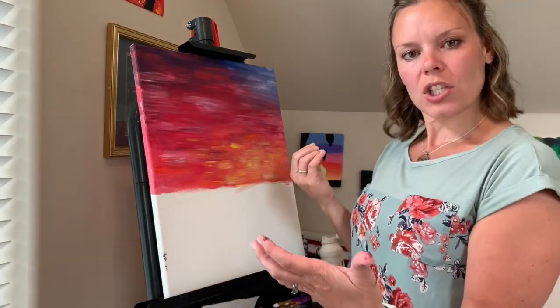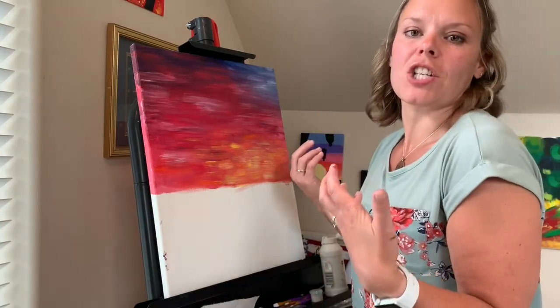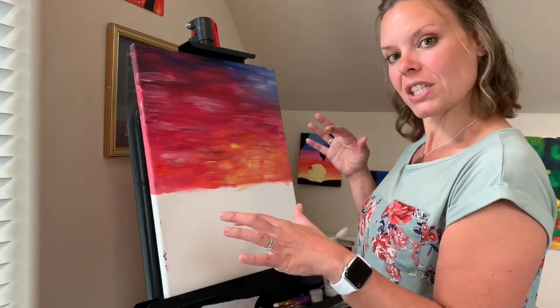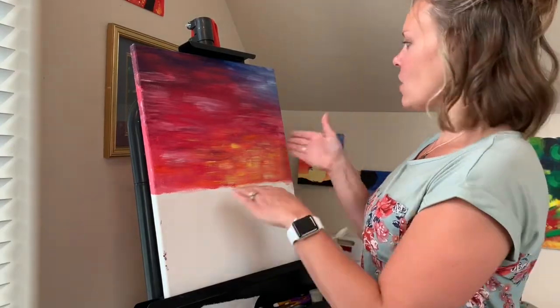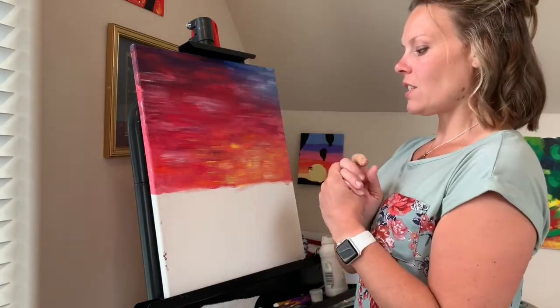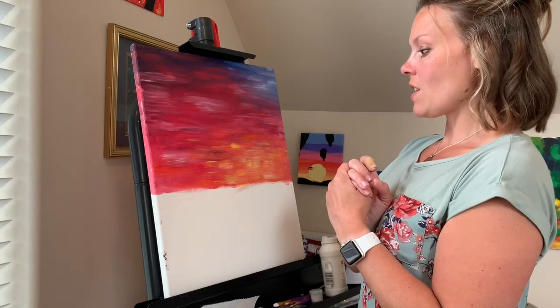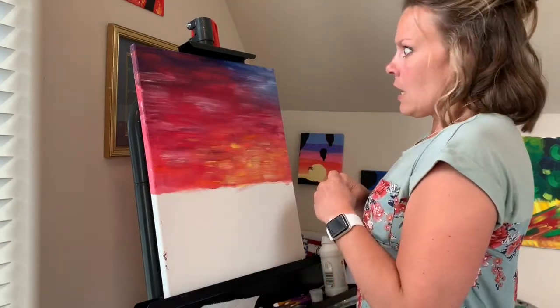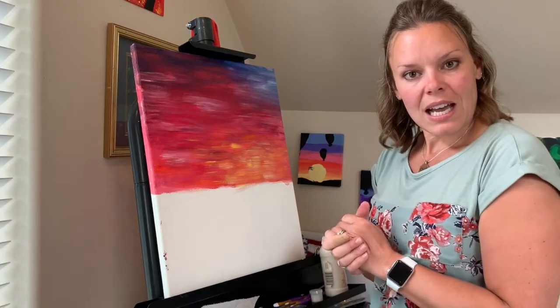Just like in Impressionism, I wanted the impression of the sky, an impression of the sunset. I didn't want it to be too realistic. And so I just started taking my brush and going sideways along the sides there with my sunset and those colors. And it was a process, but I made it work.